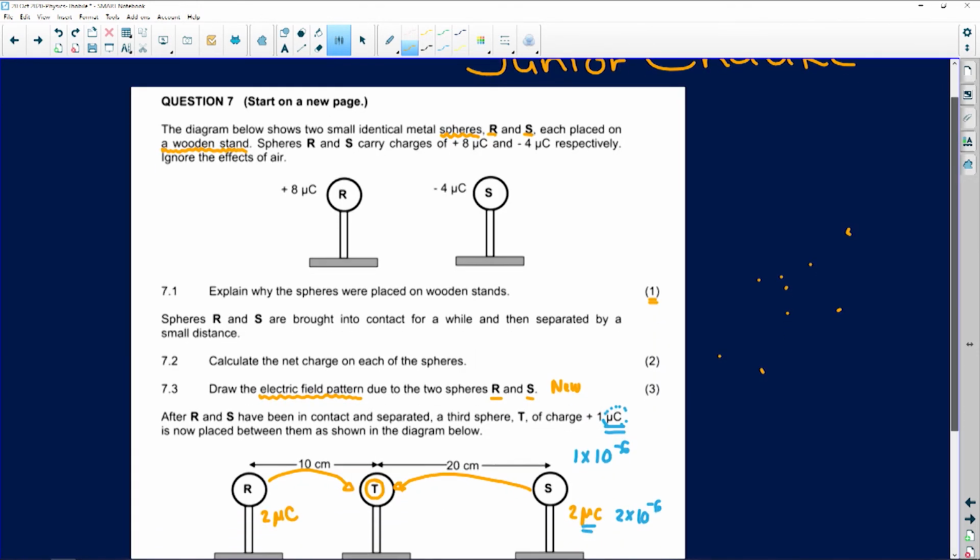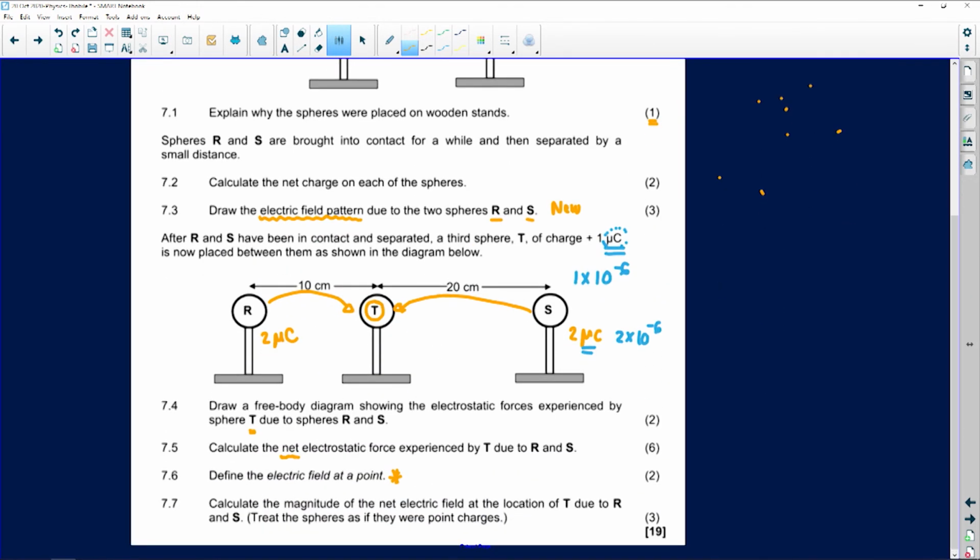Let's look at this question. Let's see if we do have time. And then 7.7 says we must calculate the magnitude of the net electric field at the location of T due to R and S. Now, a question like this, my darlings, is actually very, very simple, but this is what needs to happen. I'm going to use this diagram here. Remember what we said?